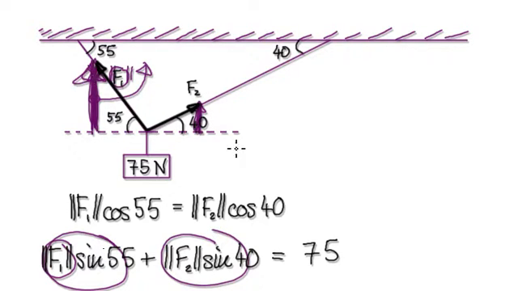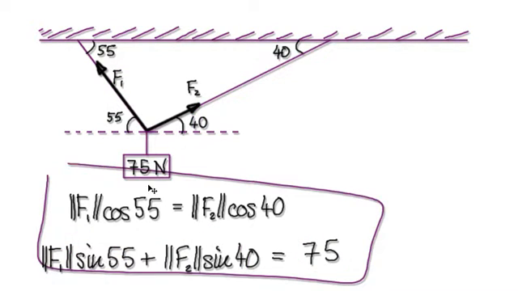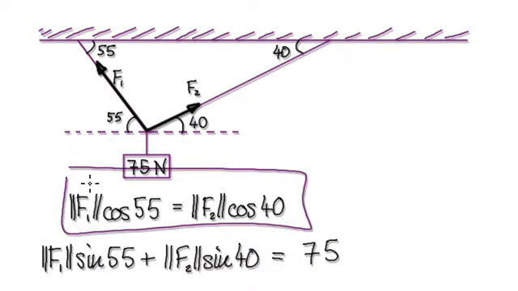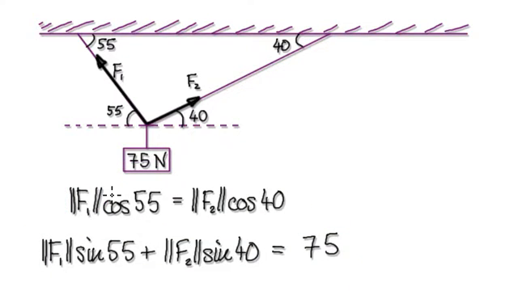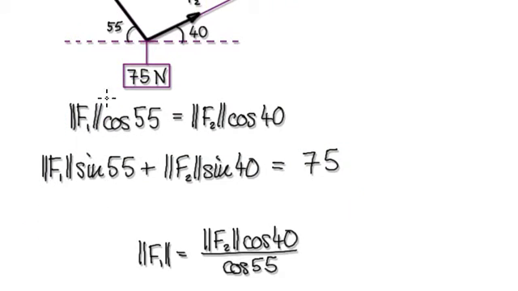So adding the two pulling up bits must be the same as the thing that's pulling it down in the opposite direction. Now that you're here, you can solve this. This is like your simultaneous equations. So rearrange this: the magnitude of f1 must be this thing divided by cos 55.